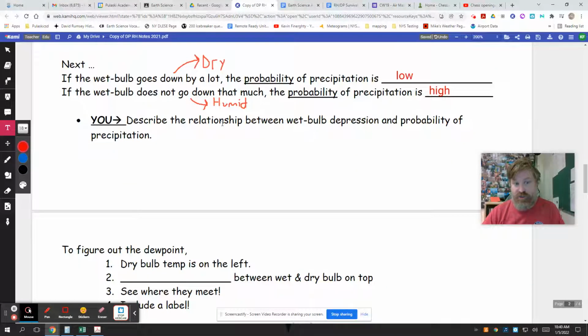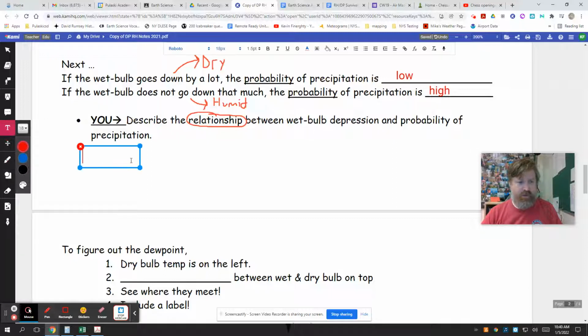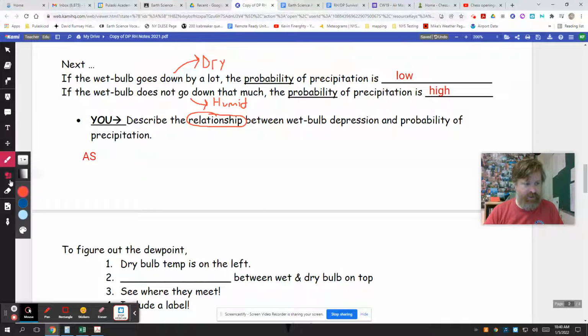If you had to describe a relationship, I'm noticing a bit of a gap in our ability to answer these relationship questions, because earth science is stuffed full of them. As soon as you see describe the relationship or identify the relationship, which is frequent on our labs and on our tests, the first word you say is "as." And then you compare the two things they're asking you to compare.